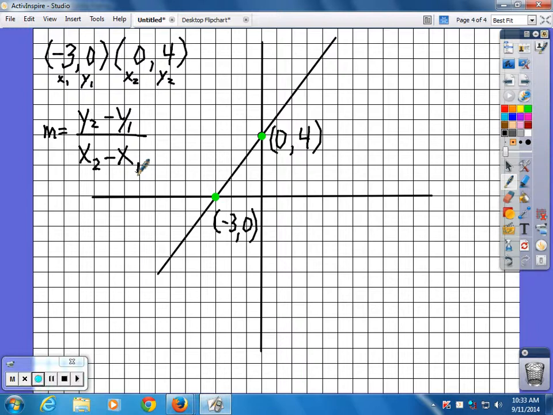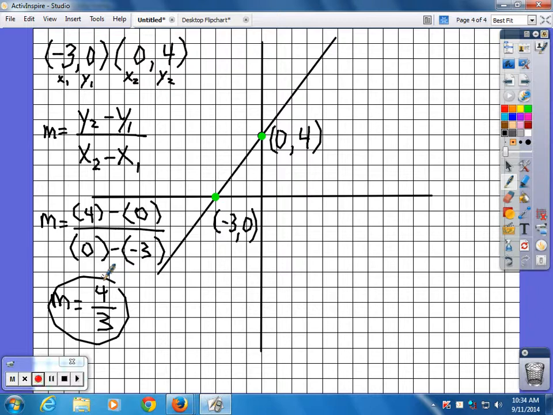Parentheses. m is equal to parentheses minus parentheses over parentheses minus parentheses. What's y2? 4. What's y1? What's x2? What's x1? So your answer, m is equal to what? 4/3.